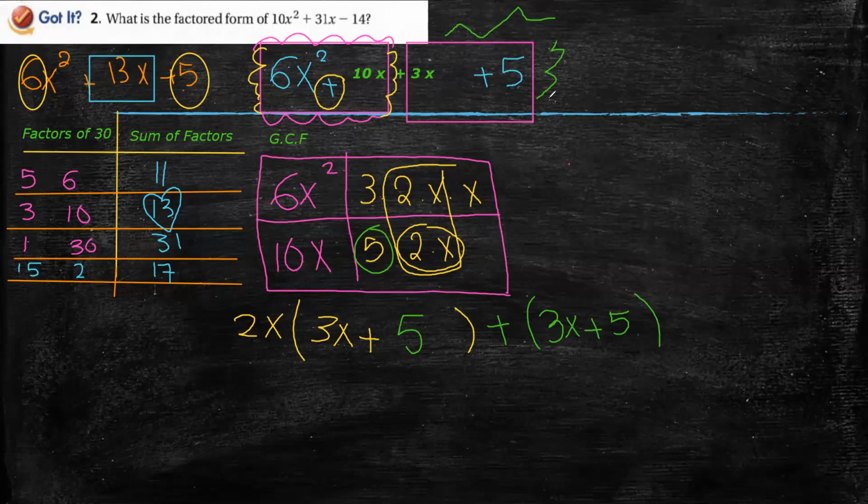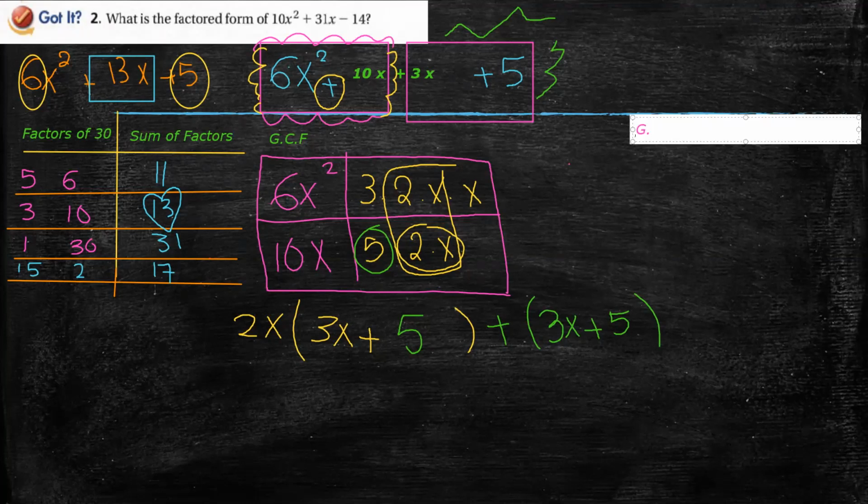Then the second step, we have to find the GCF another time. But now the GCF for what? For these two new monomials.